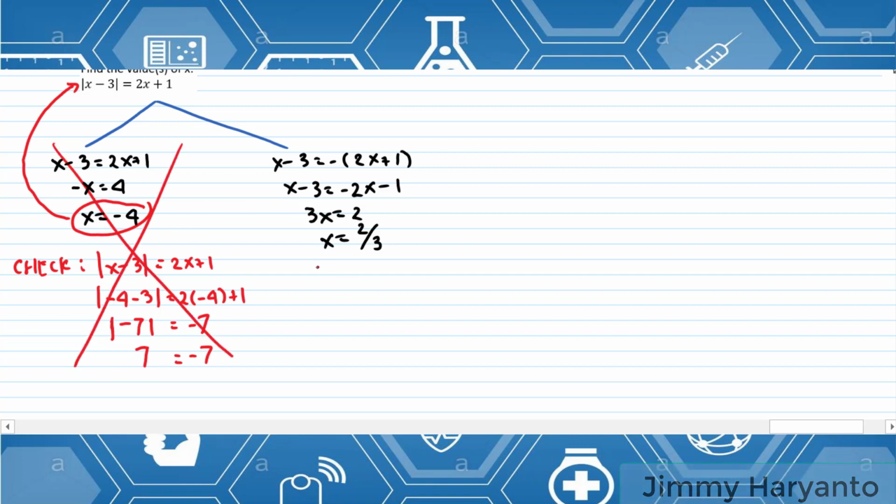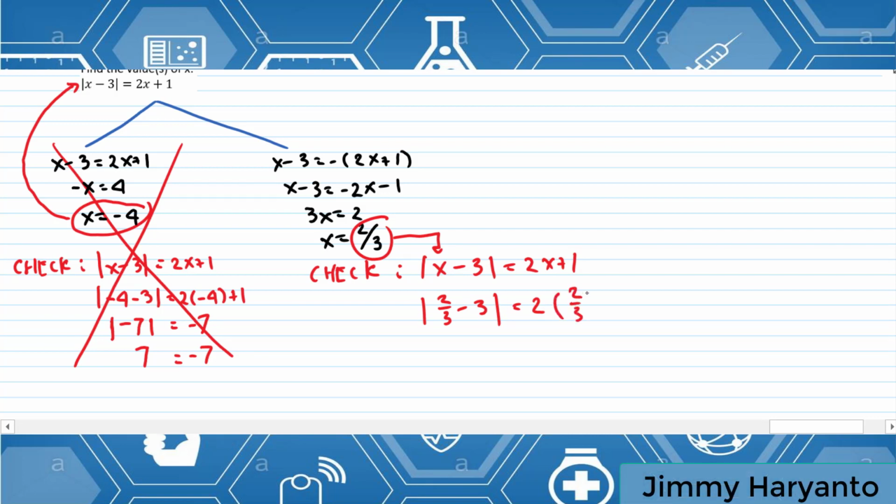And then we have to check for this one. The equation is absolute value of x minus 3 equals 2x plus 1. We have to put 2 over 3 into x. So 2 over 3 minus 3 equals 2 in the bracket 2 over 3 plus 1. Okay, so for this one the result will be negative 7 over 3, and for this one it will become 7 over 3.